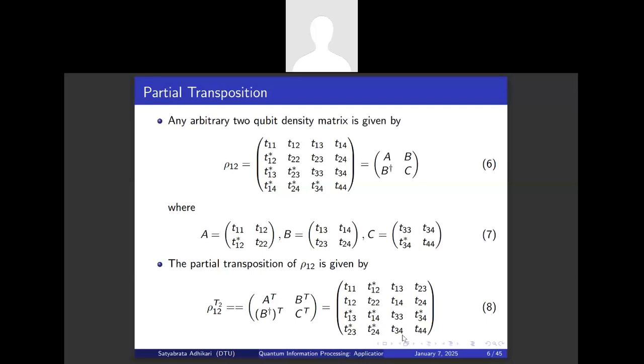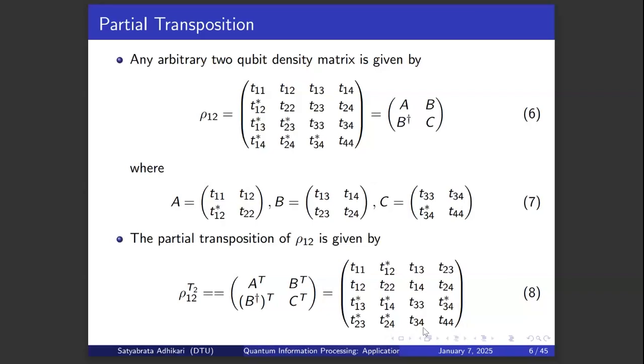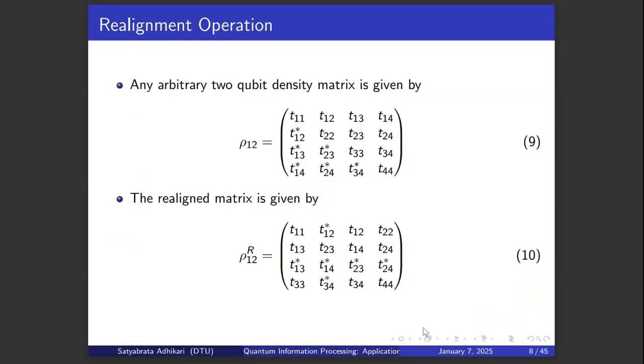So this is written in a row, which is another rearrangement of the matrix elements.